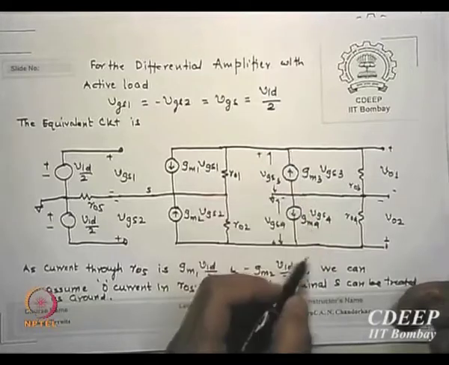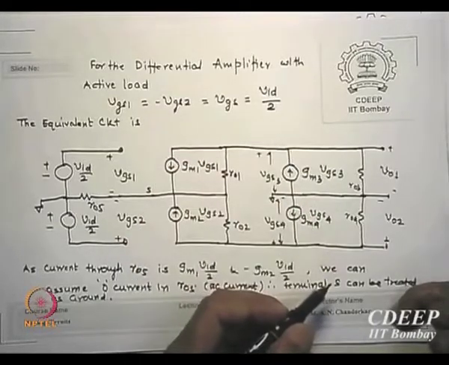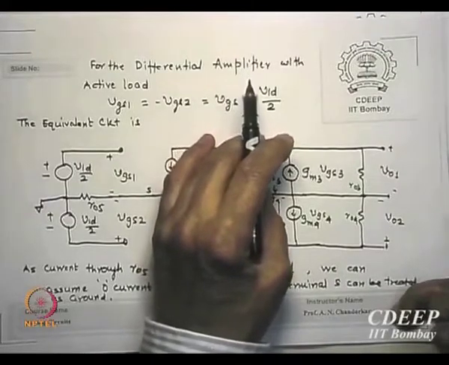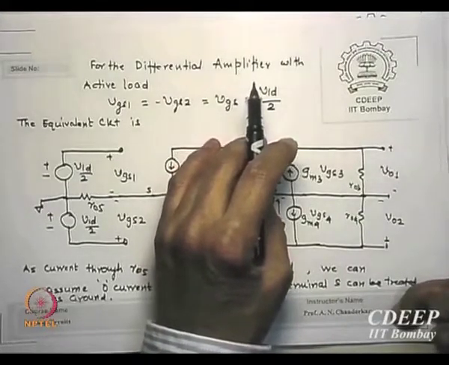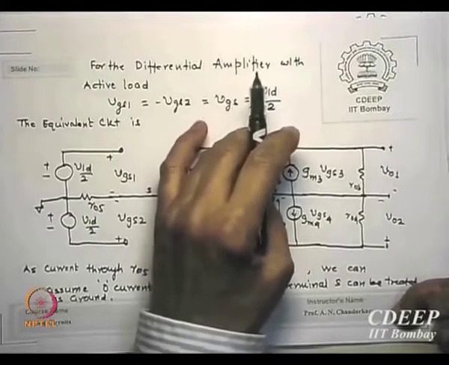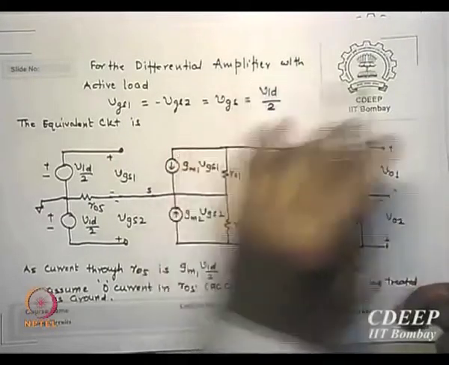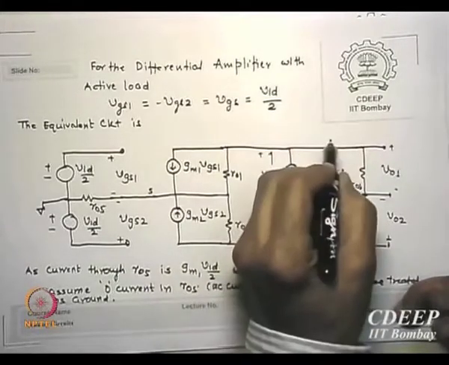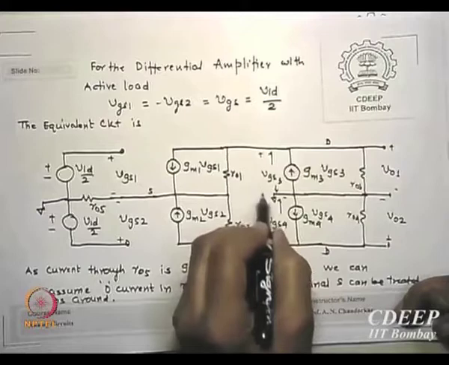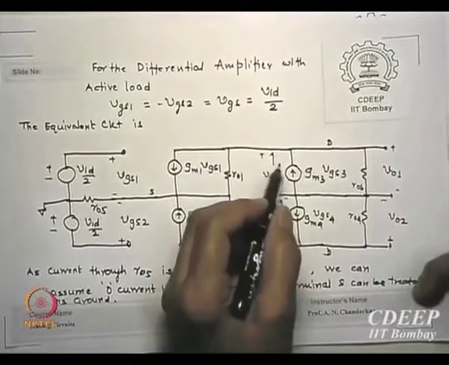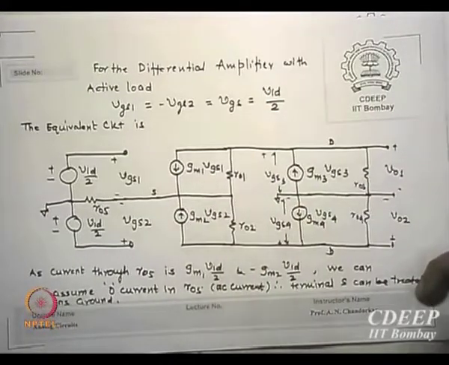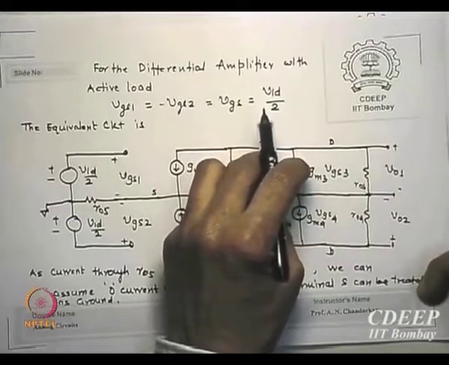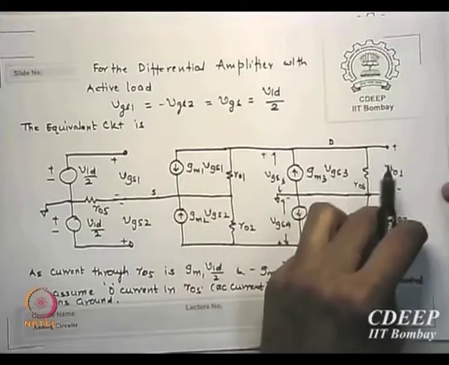These are the drains of M3 and M4. Since this potential is VGS3 because you are connecting gate to drain, this is again VGS3 which is also VO1. Since the potential across the gate and drain is common, the potential VO1 is the same as VGS3, and the same way VGS4 is VO2.